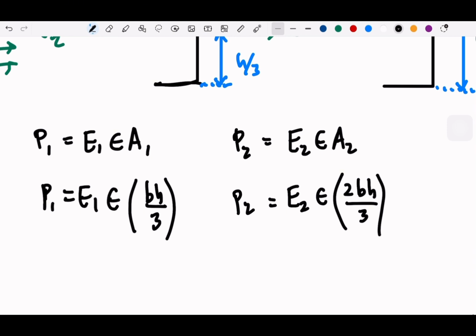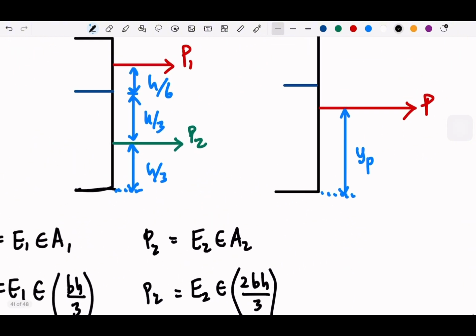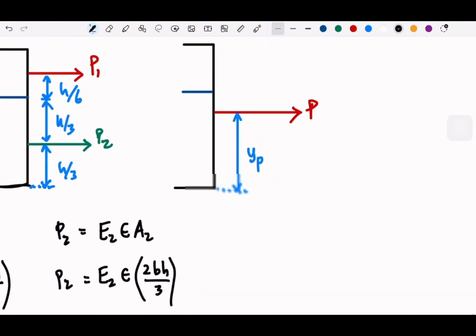Now we get the results for P1 and P2 from the equilibrium. We just take the X equilibrium, which results in P is P1 plus P2, as simple as that.